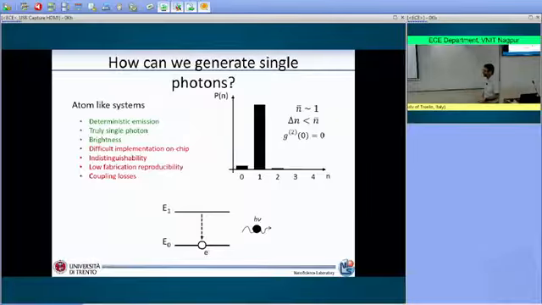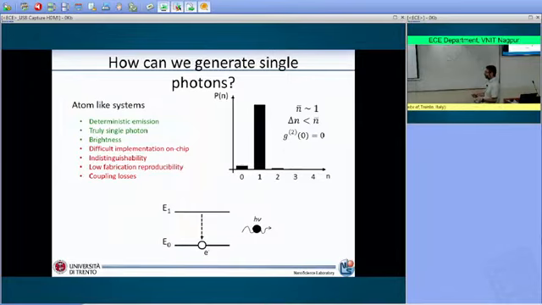So there are systems, I will show you in a while, that are based on this kind of sources, and the main difficulty is to get indistinguishable photon sources, because they do depend too much on how the actual implementation of the source is realized. The good property is that they are bright, so they are able to emit a huge flux of single photons.